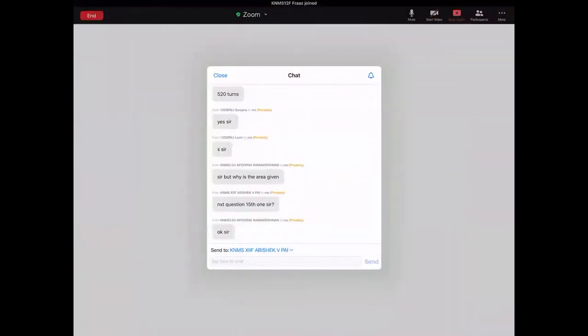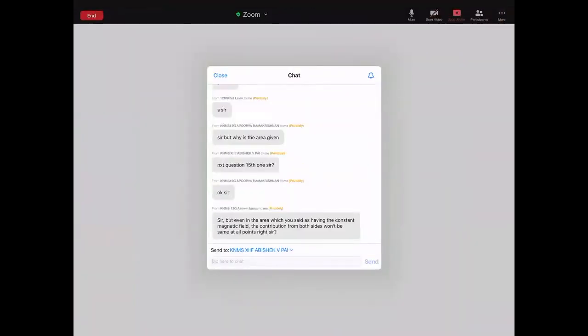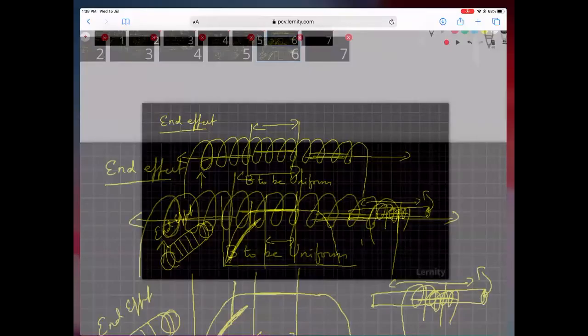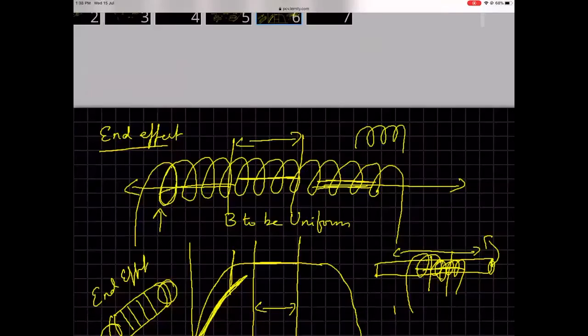But even in the area which you said has the constant magnetic field, the contribution from both sides won't be the same at all points, right? Yes, that is why you have to have it large enough so that on average it will be the same. If I have just this kind of a solenoid, this is the middle, so only this portion will have a uniform magnetic field.